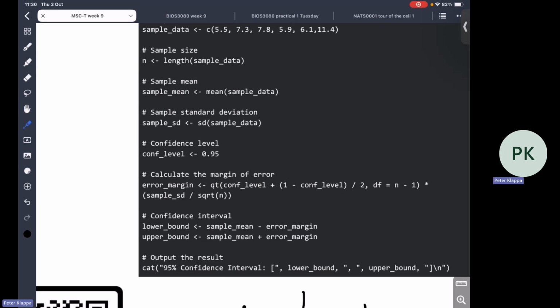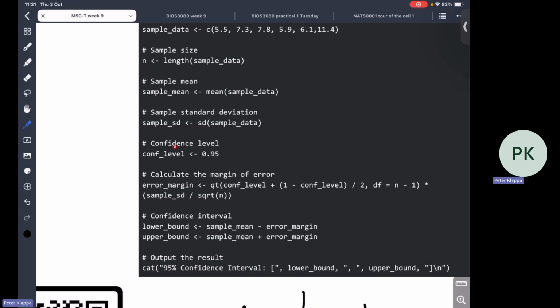So you've got your sample data here. You would calculate the length of the data. In this case, we've got 1, 2, 3, 4, 5, 6 data points, so that would give you 6. It calculates the sample mean. It calculates the sample standard deviation, well, the estimated standard deviation, I should say.